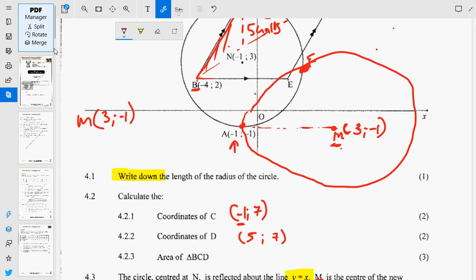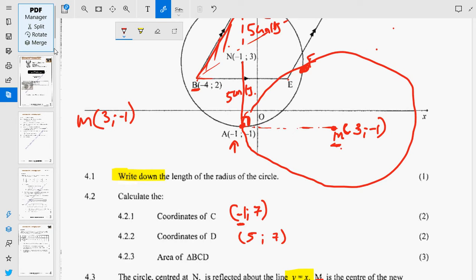Now, if you look here, you know that the radius from N to A is 5 units. Now, this is a horizontal line, and this is 90 degrees.